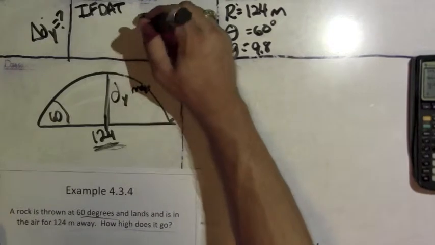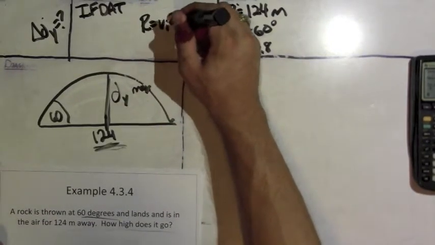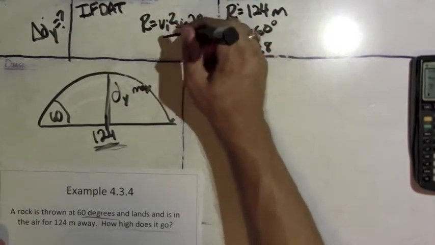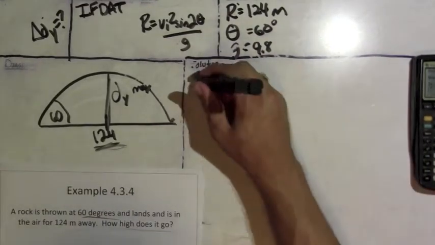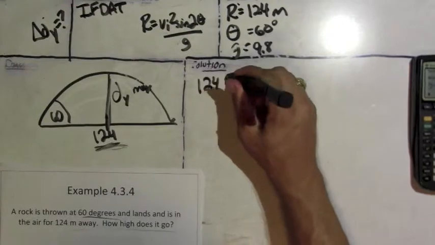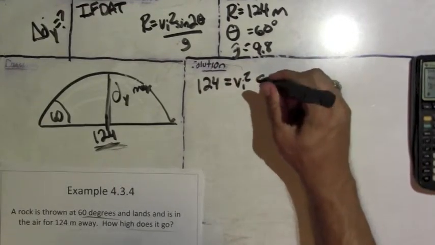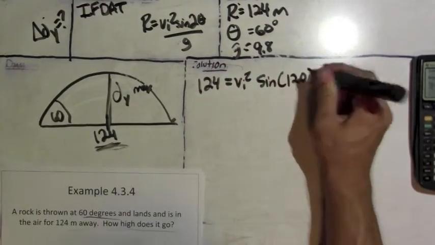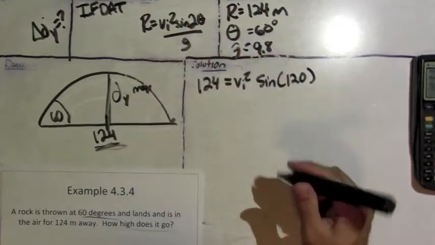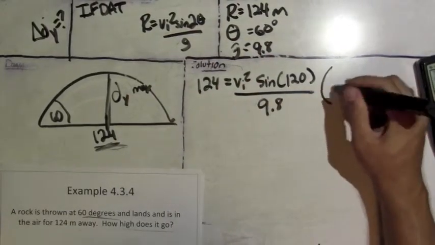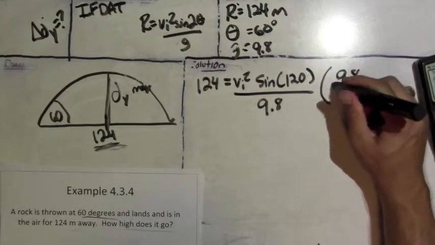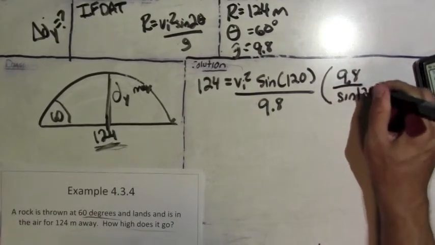So I can use the range equation and I can solve for the initial velocity. So when I do that, I get 124 equals vi squared sine 120, because it's 2 times the angle, divided by g. Multiply both sides by 9.8 over the sine of 120.